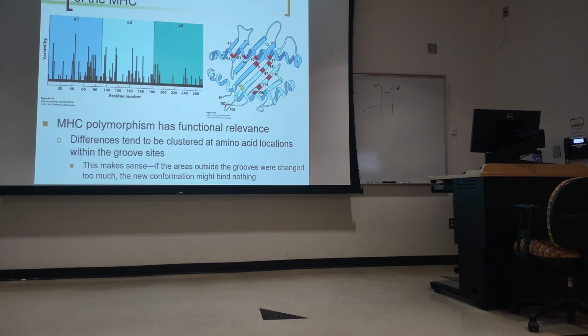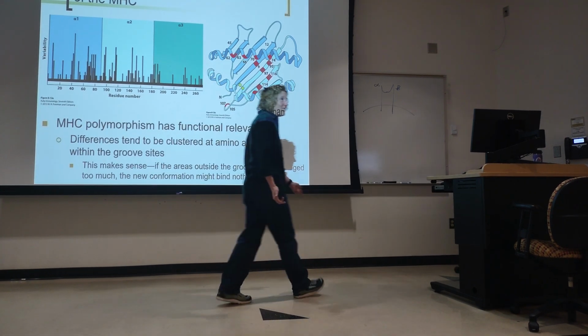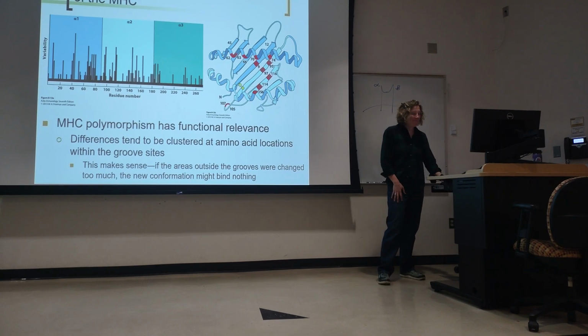You may only match somewhere between 50 to 25% with your parent, and 25% or less with a sibling. So finding matches is really hard. Identical twins would be perfect.